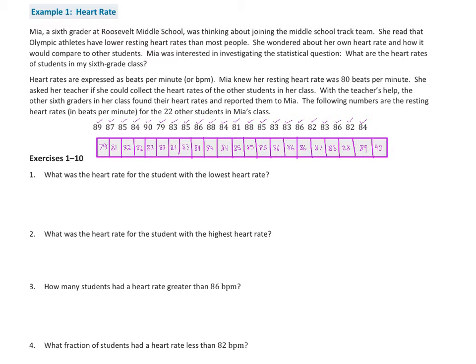It's also very important to make sure you really understand what these numbers mean. It makes it a lot easier when you know what they represent. Each of these numbers, according to this situation, is a specific heart rate for a specific student. So this 89 represents a heart rate in beats per minute for one student.